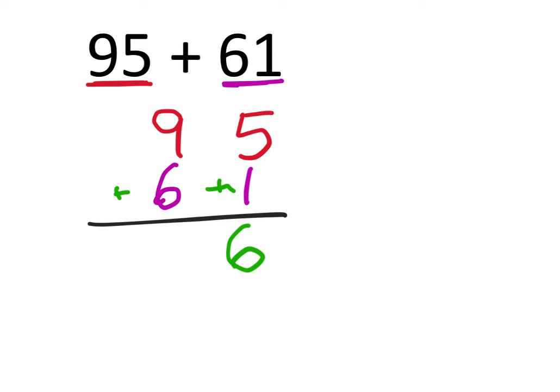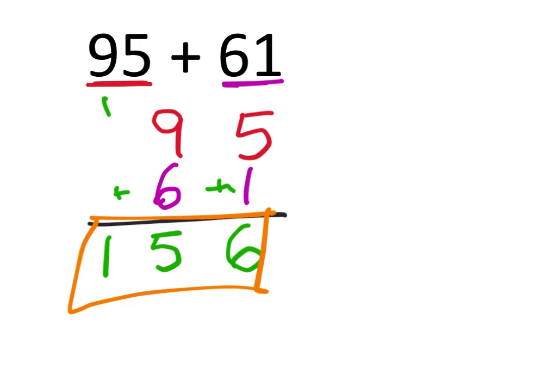So 9 plus 6, I got 9 fingers, 1, 2, 3, 4, 5, 6, and that shows 15. So again, I'm going to write that as 15. Again, you can still carry the 1 if you'd like, but it's just not really necessary. And so the sum of 95 and 61 is 156.